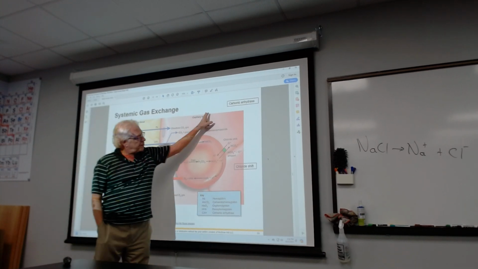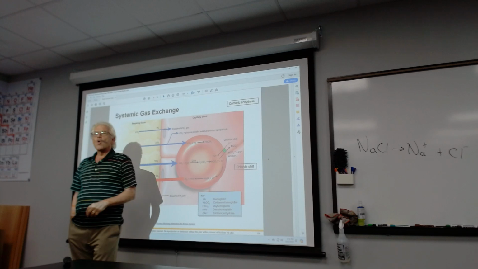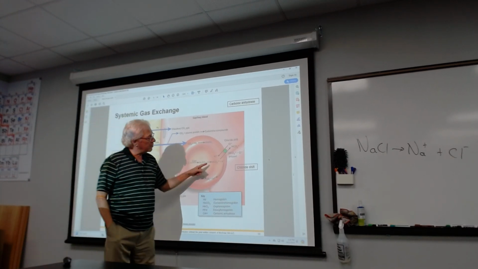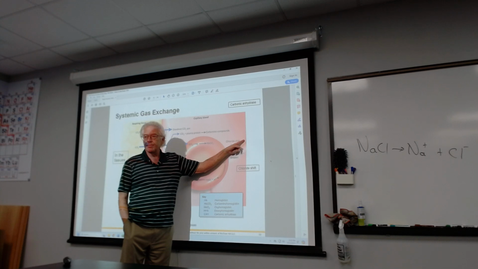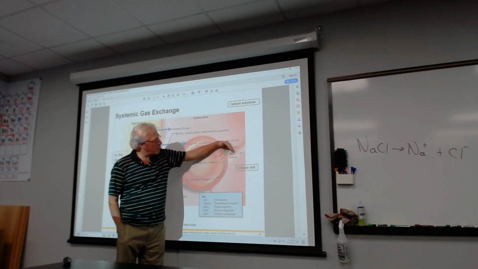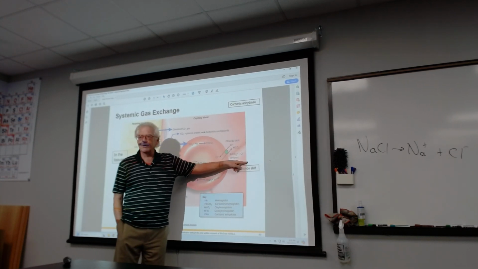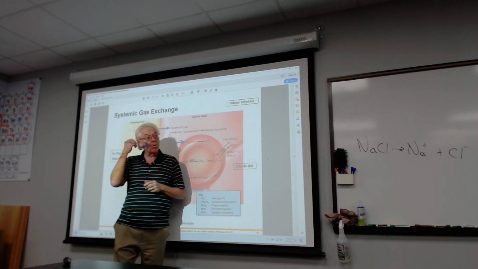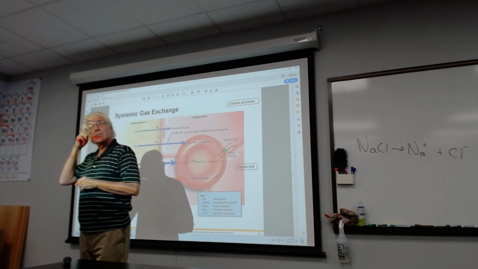My friends, if your blood was already too basic, would the red blood cell put more base in? No. Guess what? It won't do this, but it will put out the acid. What if your blood is too acidic?